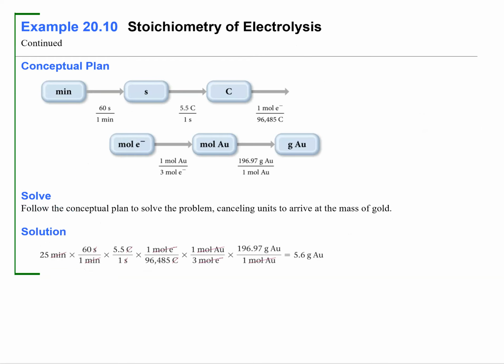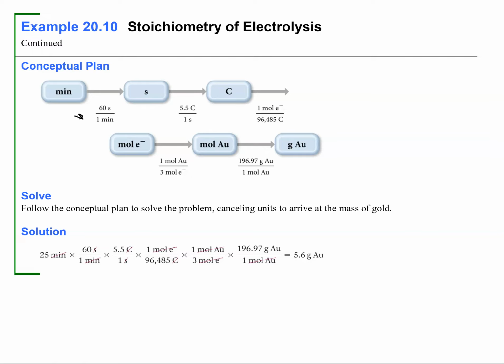So let's do it. Oh, this is a nice little conceptual plan. We need to find from our number of minutes, because we have 25 minutes, how many seconds is that? 60 seconds per minute. Then we'll have the number of seconds. Then we'll want to know how many coulombs, because 5.5 coulombs per second.